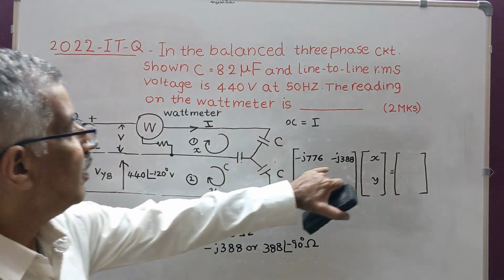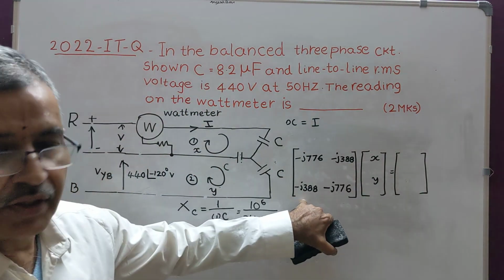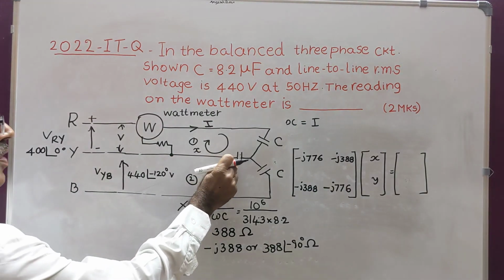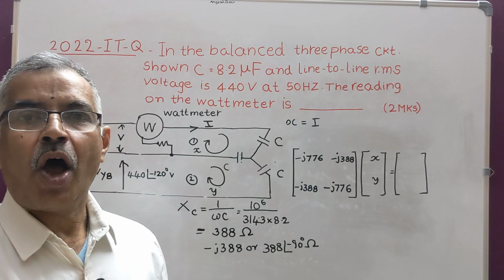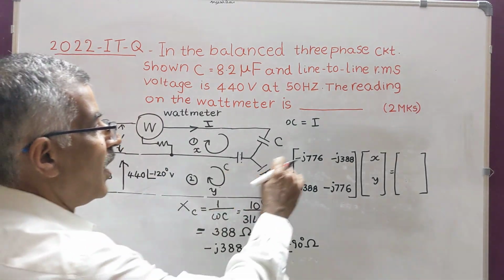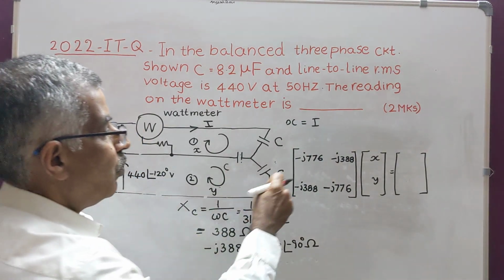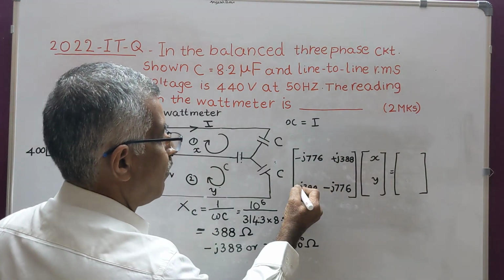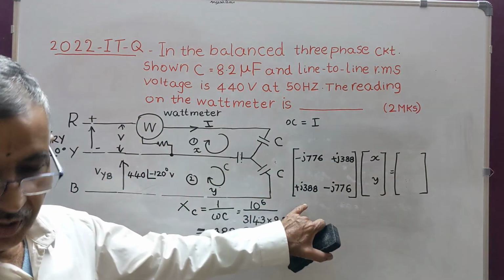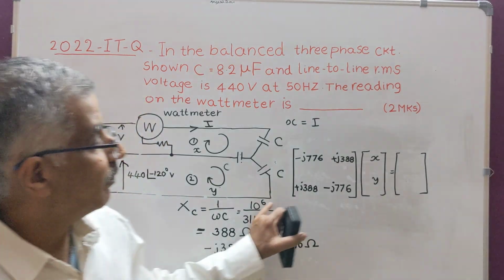Because this impedance is common to these two meshes, the mesh currents are in opposite directions. Therefore, we have to take it with a minus sign. So when you take these two with a minus sign, it becomes plus J 388, plus J 388.